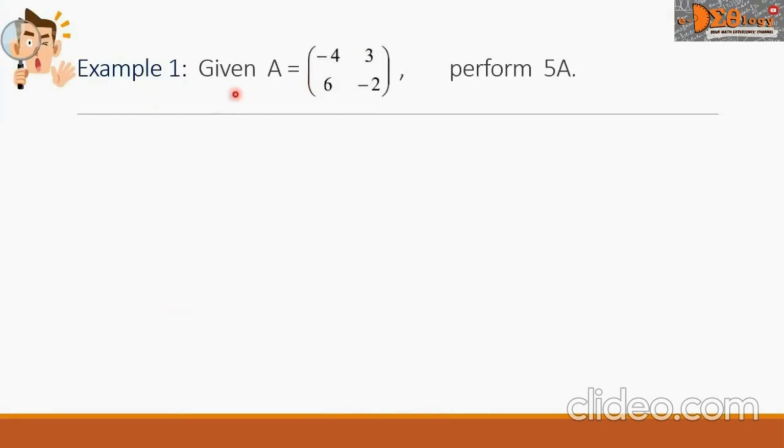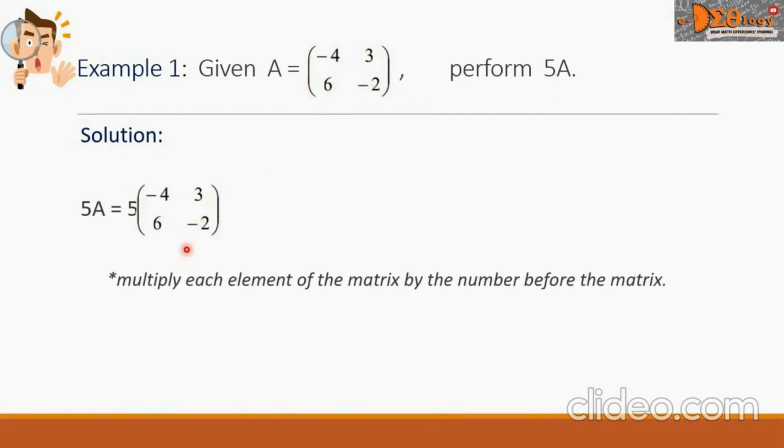Example 1, given matrix A equals negative 4, 3, 6, negative 2 respectively. Perform 5 times A. 5A here is equal to 5 times this matrix A. So we're going to multiply each element of the matrix by the number before the matrix.